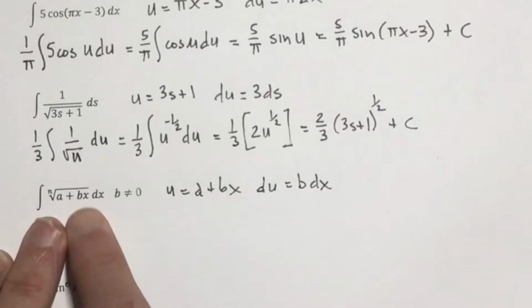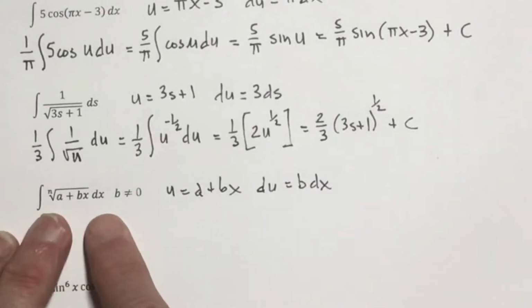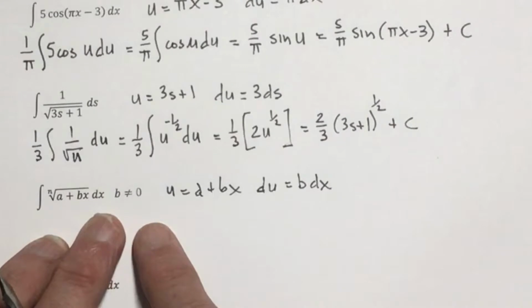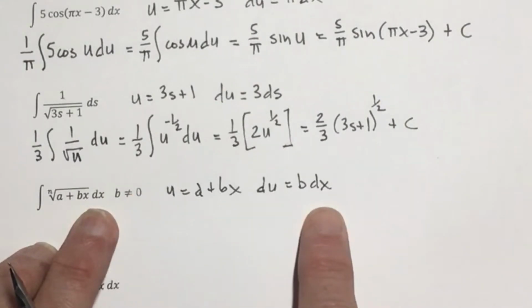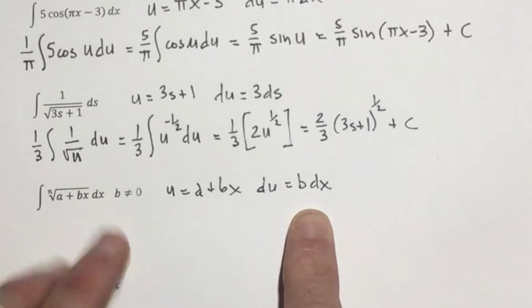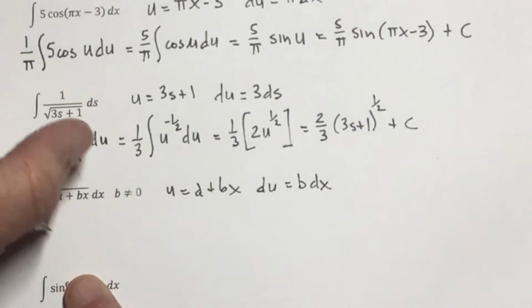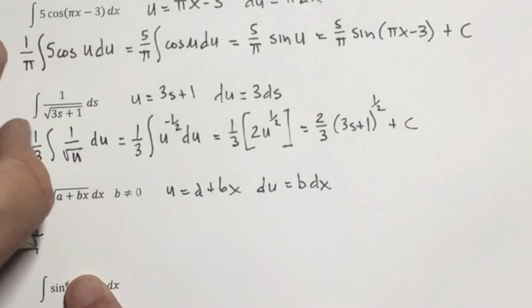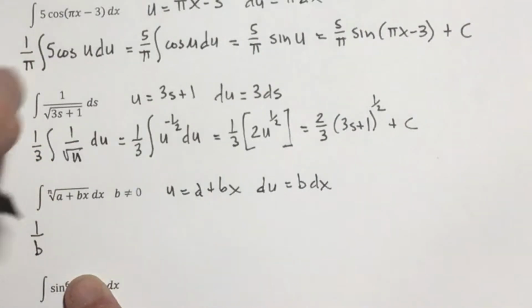So if I look back at my original equation, my du has to include everything that's not part of my u, and so there's the dx. I got that right there and there. I don't have a b, but b is a constant, so I can account for that by putting a 1 over b outside.